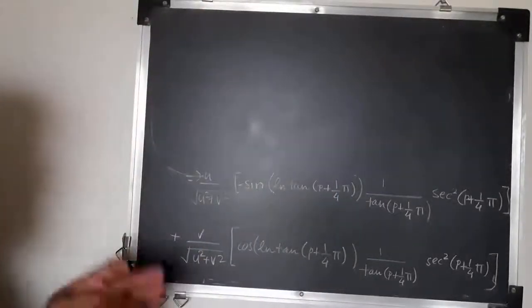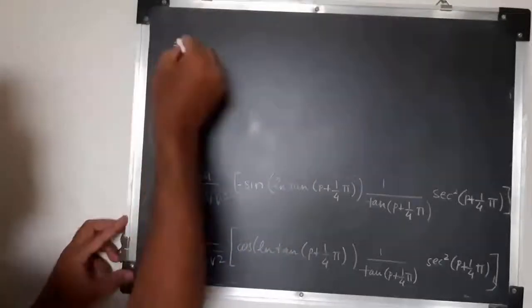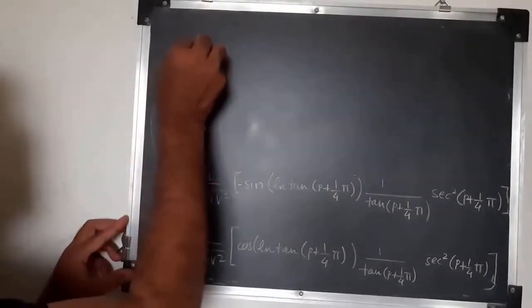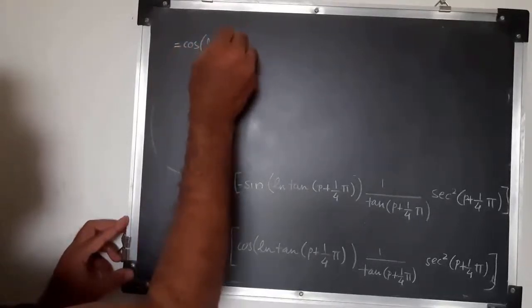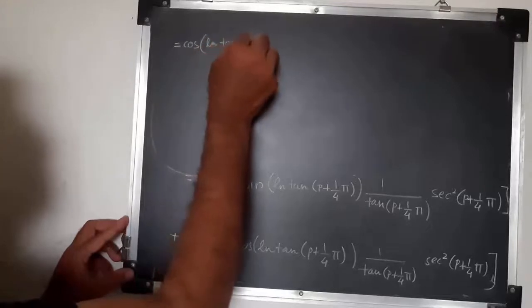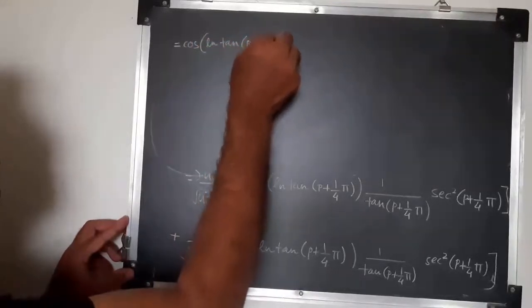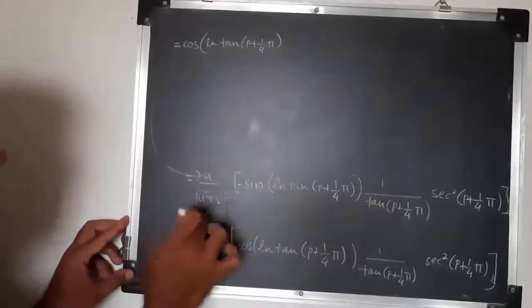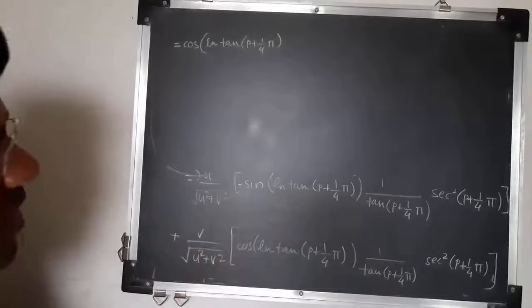So u is what? u is cos ln of tan p plus 1 by 4 times pi. This becomes 1 because cos square and sin square theta will be 1.